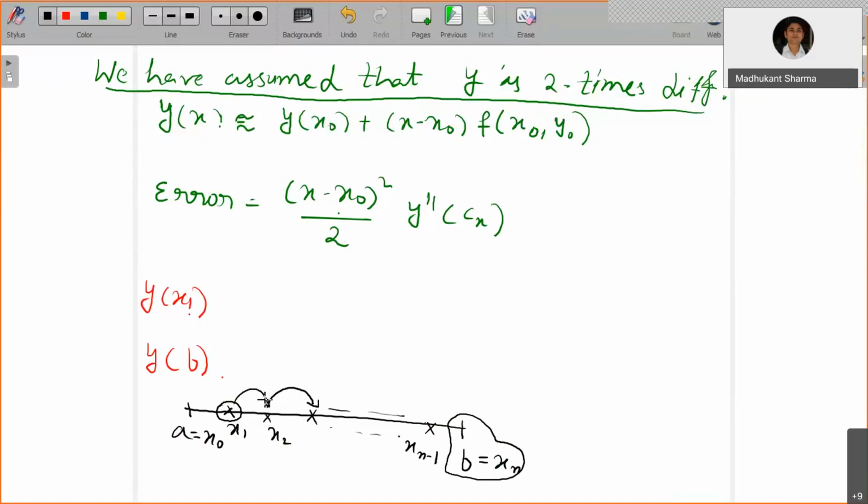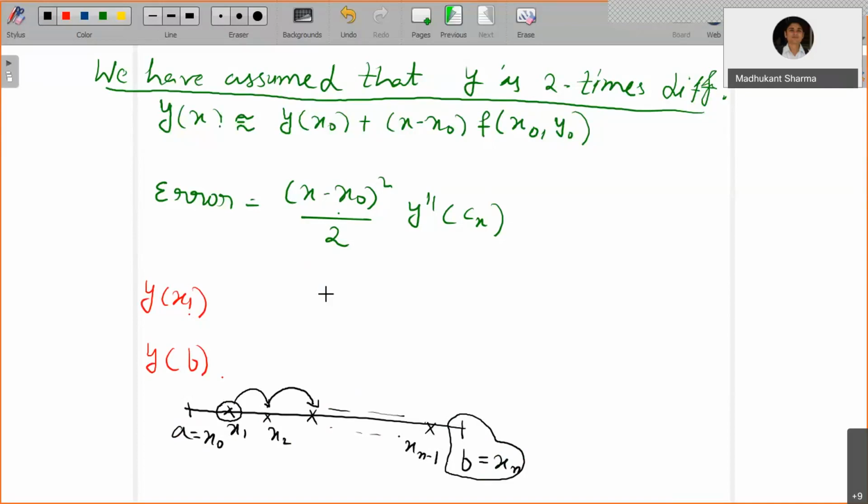Then from y at x2 to y at x3, the round-off error is also added up here, and so on. So at the end, you will end up with a very large round-off error. So it is not advisable to choose very small intervals to reach this point. One needs to be careful while choosing the right scheme for the considered problem.